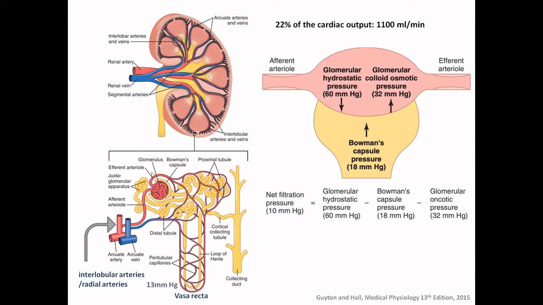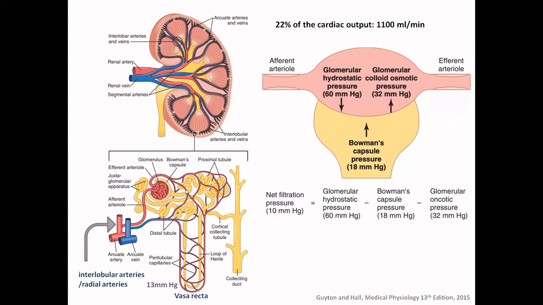Here, one thing we need to discuss: in this Bowman capsule, whatever filtrate is coming here goes to the proximal convoluted tubule, which leads to the descending loop of Henle, ascending loop of Henle, then the distal convoluted tubule, then there is a collecting duct or the cortical collecting tubule, and then this collecting duct ends in the minor calyx of the medulla.